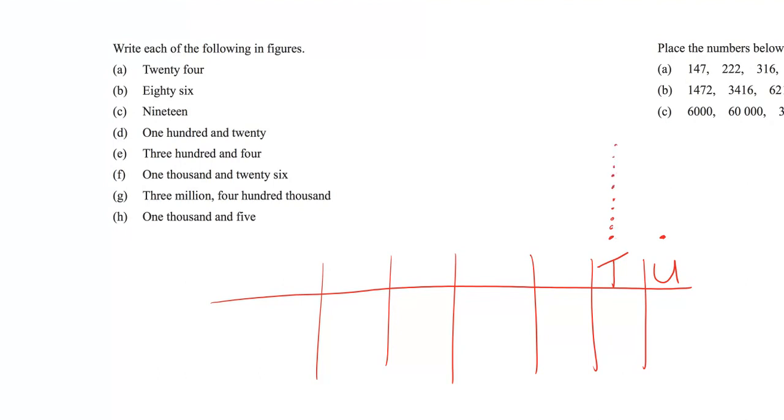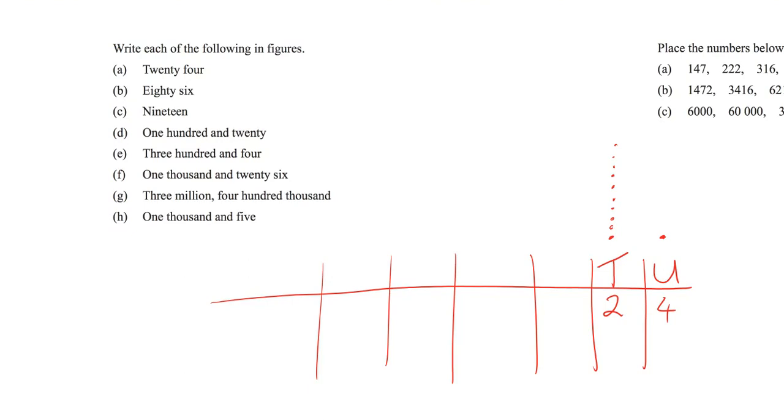So when I have a number like 24, I'm thinking 2 lots of 10 and 4 lots of 1, 24. And it's quite simple, if we know our value system, to link the words to the numbers.